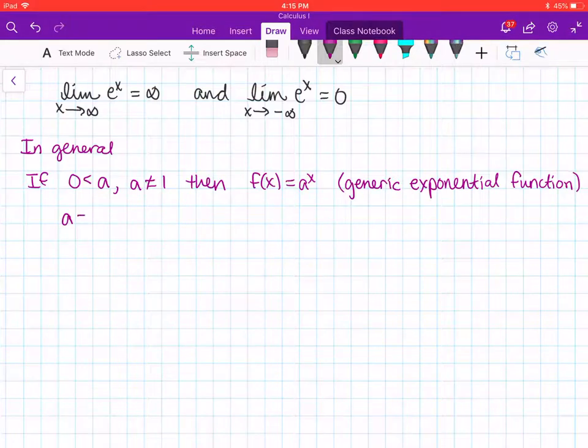So a is a constant, x is the variable. That's why it's an exponential function.